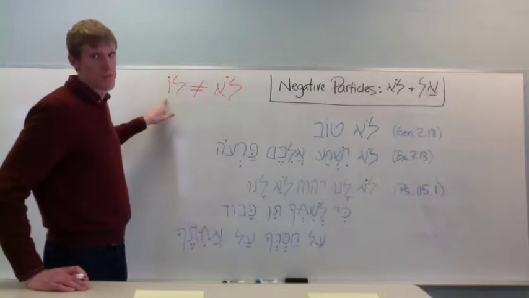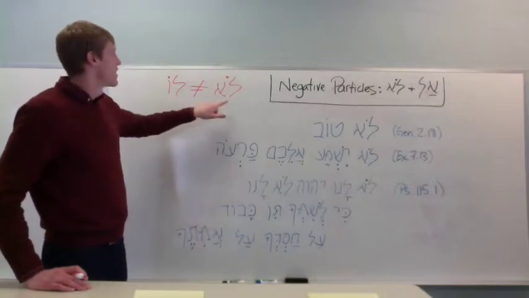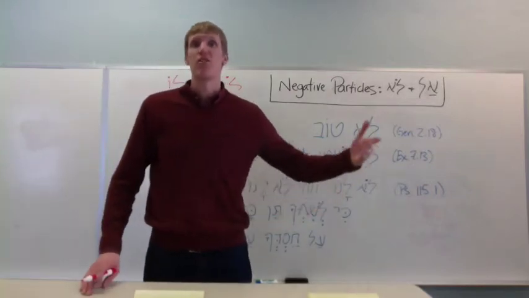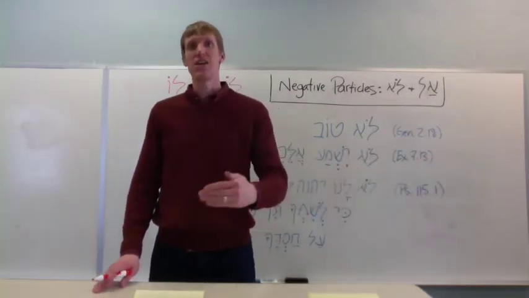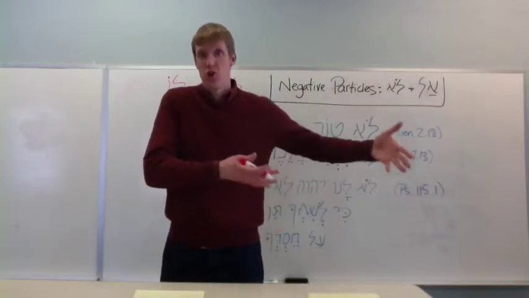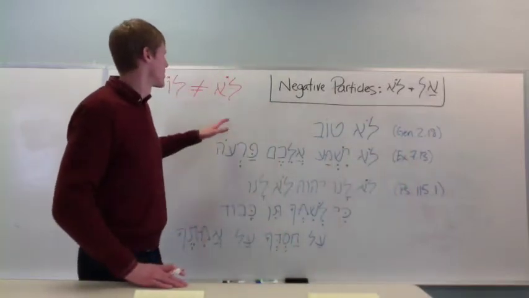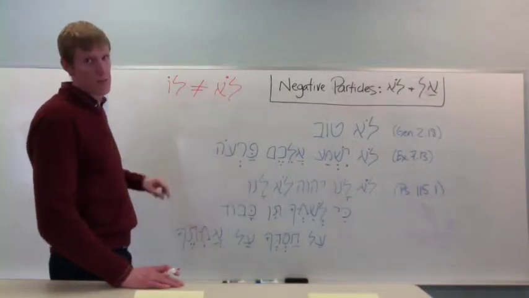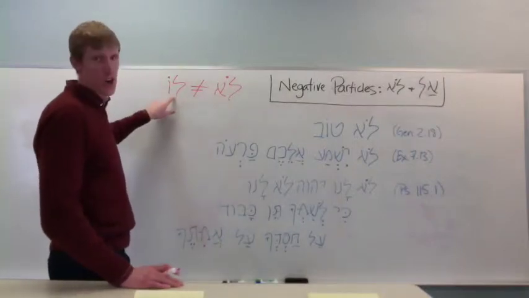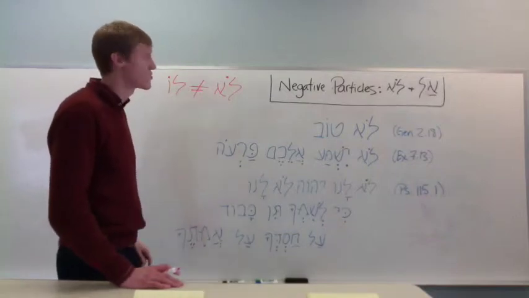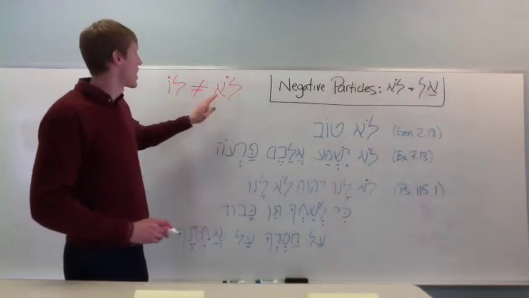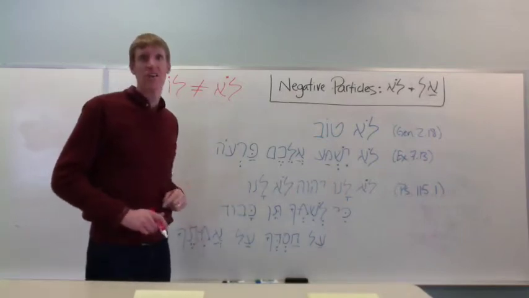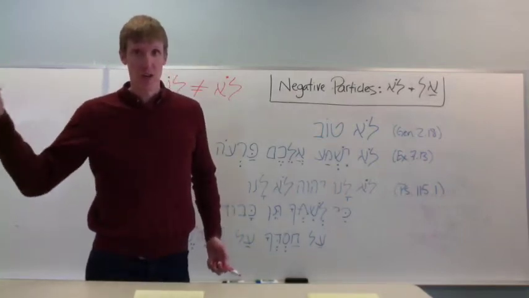To him is what this would say, and this says no. So oftentimes you'll have a phrase like vayomer lo, and he said lo. So you're wondering, did he not say, or did he say to him? Well, pretty much 10 out of 10 times it's going to be this lo and not this lo. So make sure you remember how it's spelled. Lamed aleph is lo. Lamed holem vav is lo, to him.